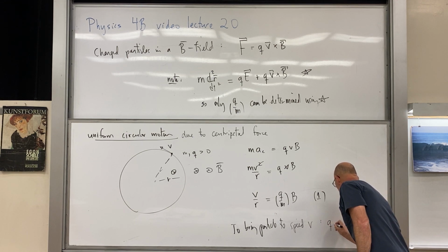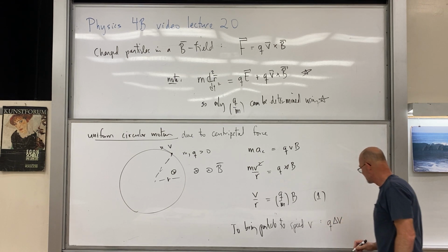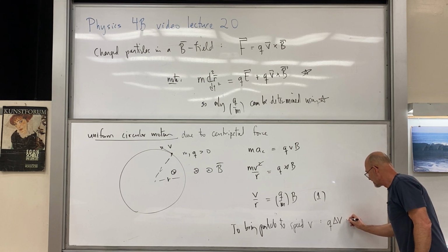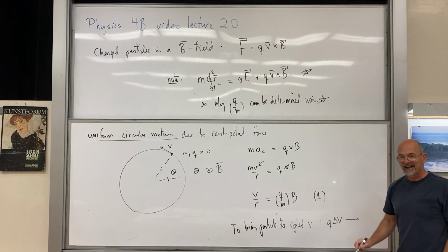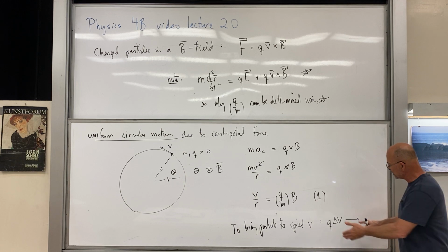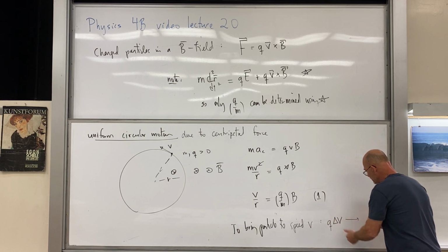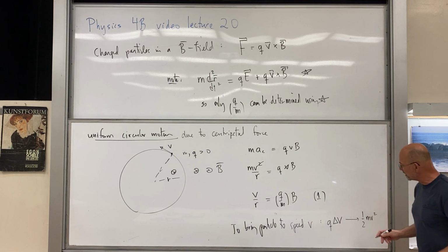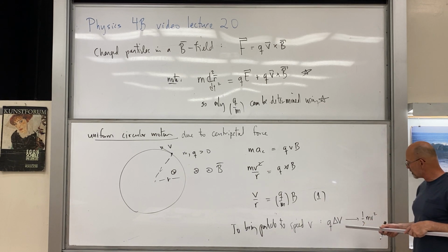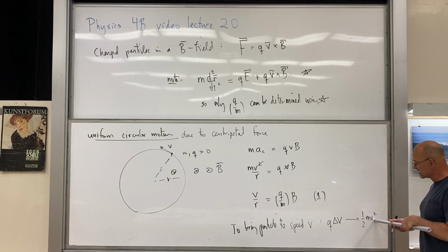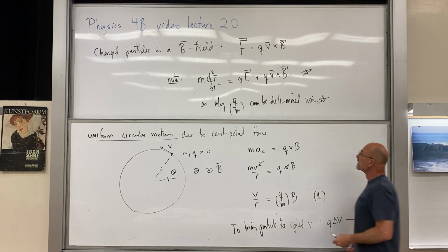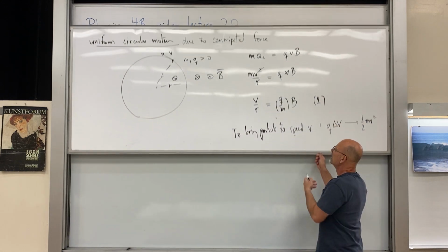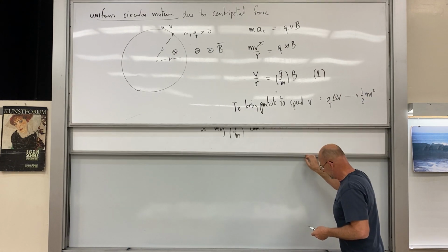We have q delta V turned into kinetic energy. Remember the work kinetic energy, so this is q delta V turns into 1/2 m v squared. So I'm calling delta V the voltage, q is the charge, v here lowercase, that's the speed squared. Okay, so let's continue with this.